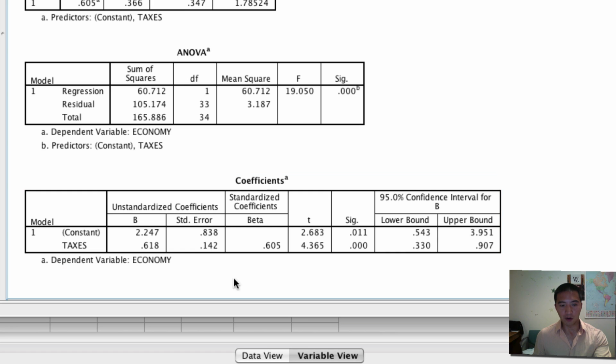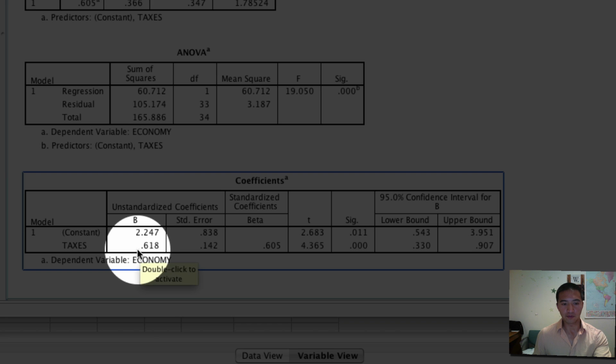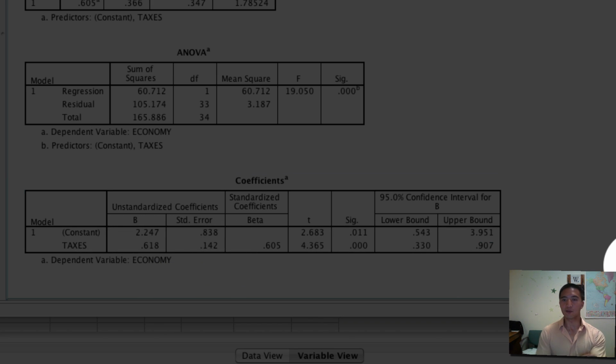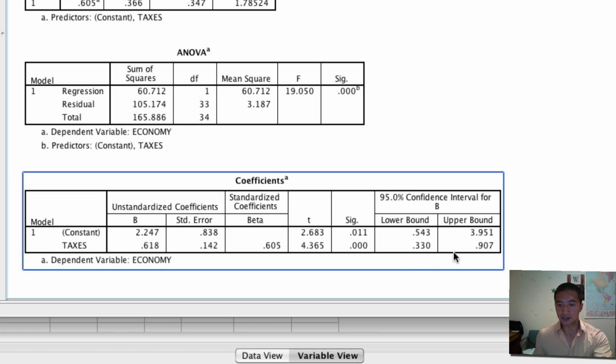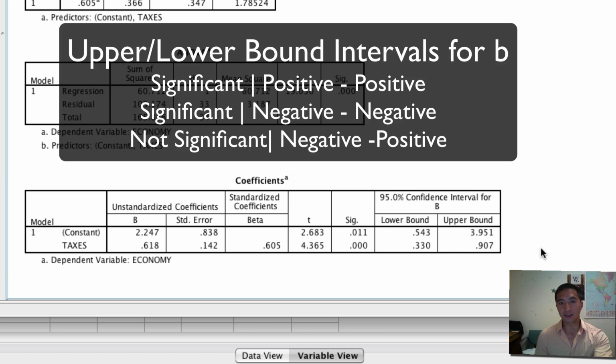And indeed, when we did it out, the B value shown for taxes was 0.618, which meant, as I said before, for every 1 unit increase in opinion of taxes, there's an increase of 0.618 on the dependent variable, or the opinion of the economy. Because the B value is positive for the lower bound and positive for the upper bound, there's no chance, or a 95% certainty, that it will not cross 0.